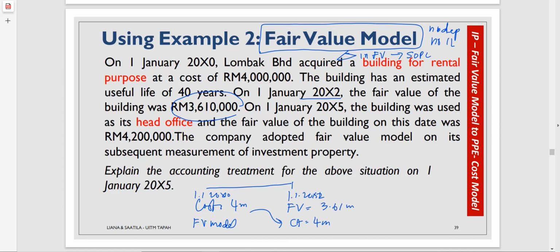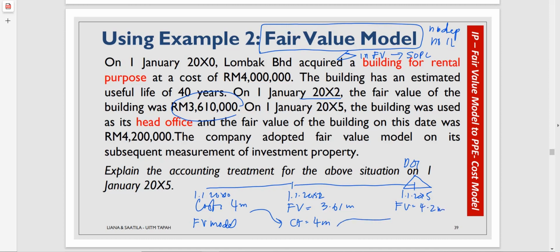And there was another change in fair value on 1st of January 2000x5, which also happened to be the date of transfer, and that gave a fair value of 4.2 million.